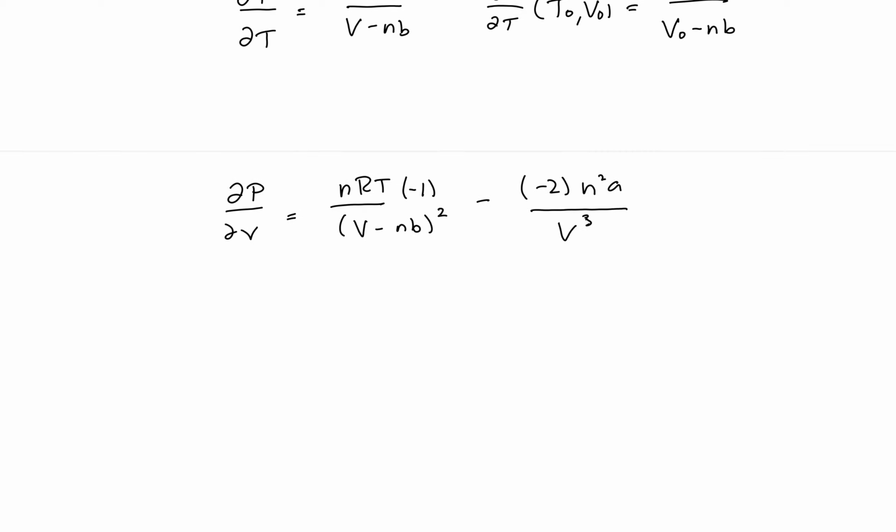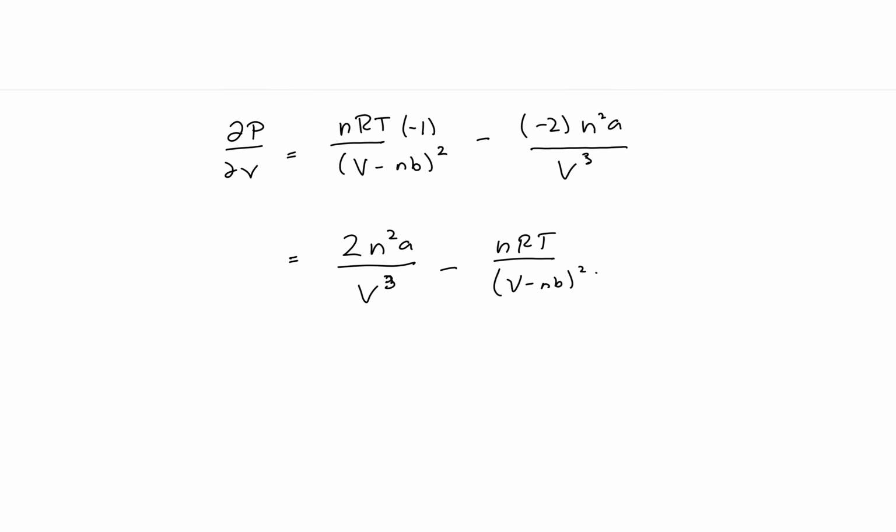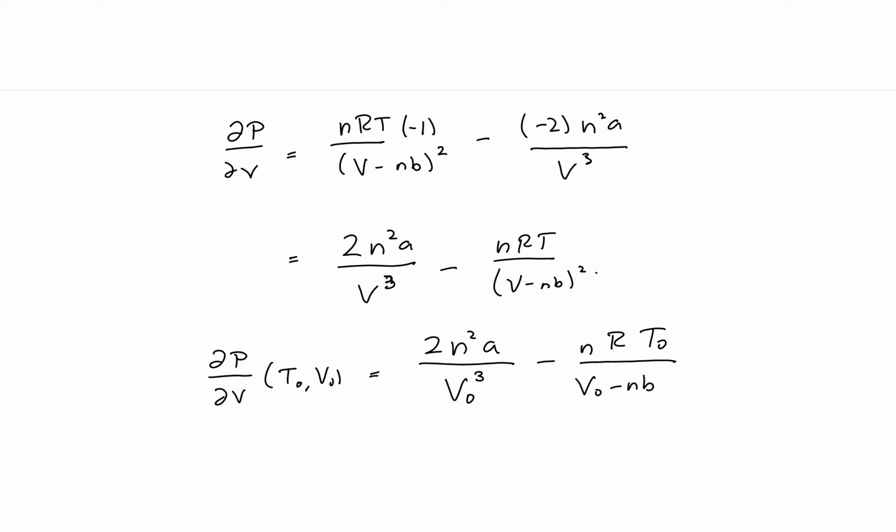So this becomes 2n squared a over V cubed minus nRT over V minus nb squared. And then if I want this at a particular value T0, V0, this just becomes 2n squared a over V0 cubed minus nRT0 over V0 minus nb squared.